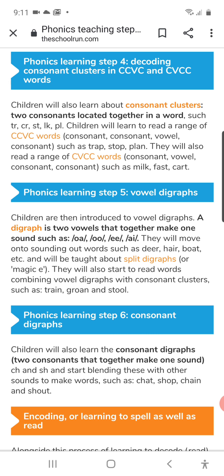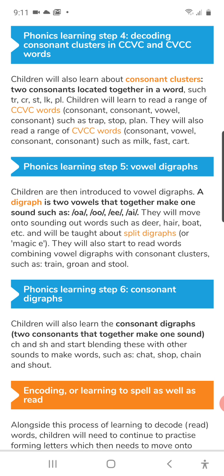They will also read a range of CVCC words, or consonant, vowel, consonant, consonant, such as milk, fast, or cart.